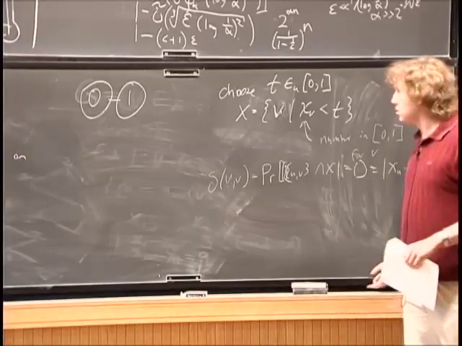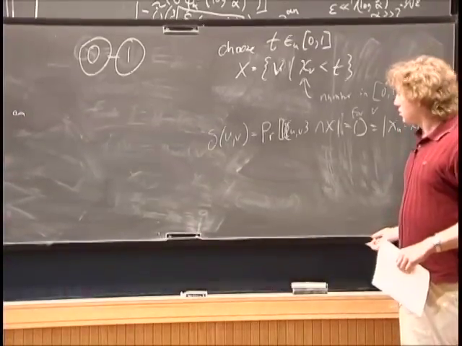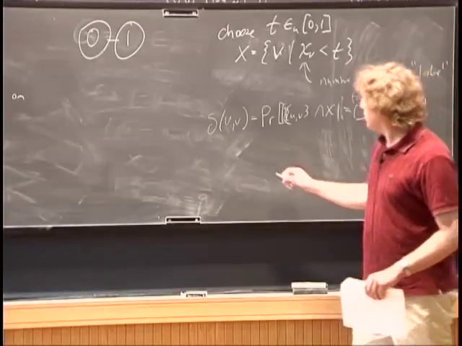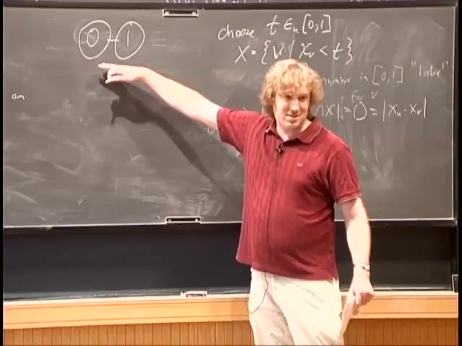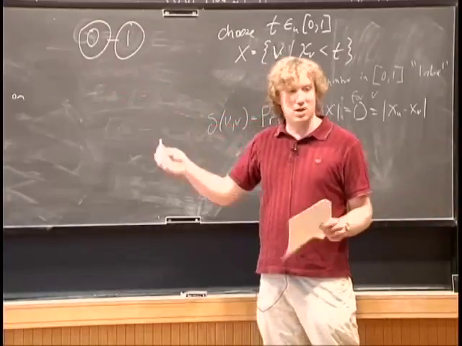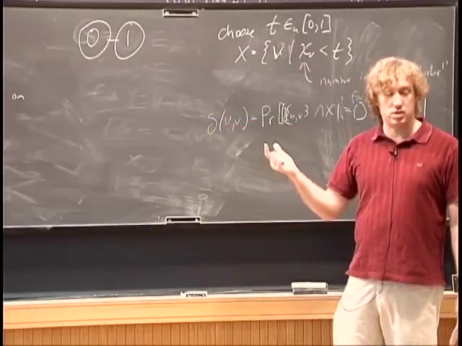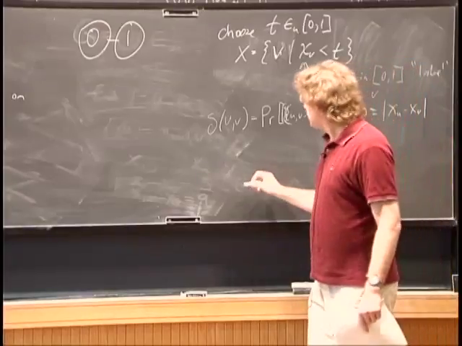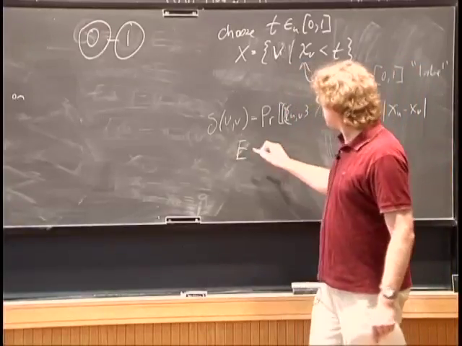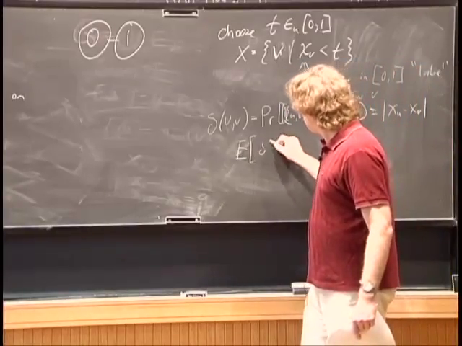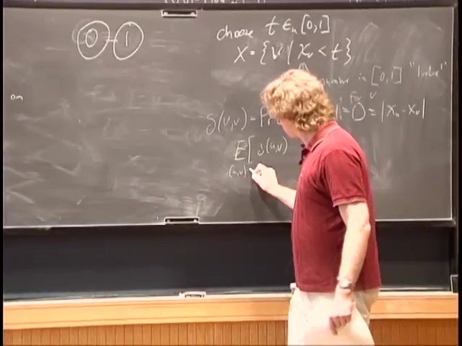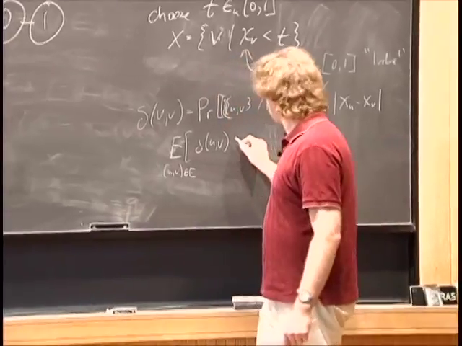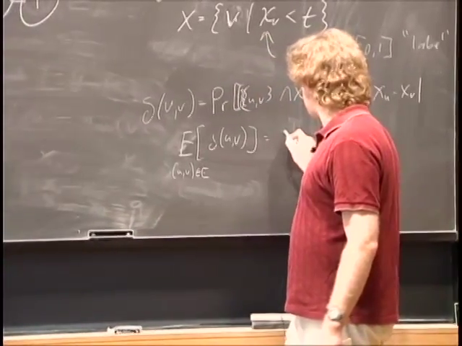Now, we'll continue thinking about a case, for example, like this, but in general, a case where the average distance along edges is small. So the expected value of delta uv over edges is, say, epsilon.